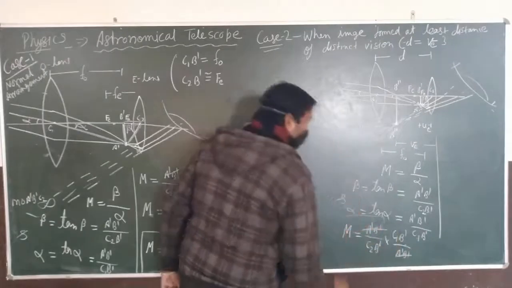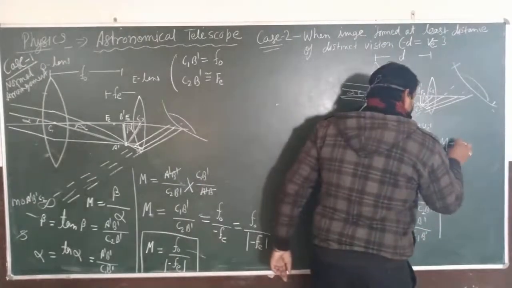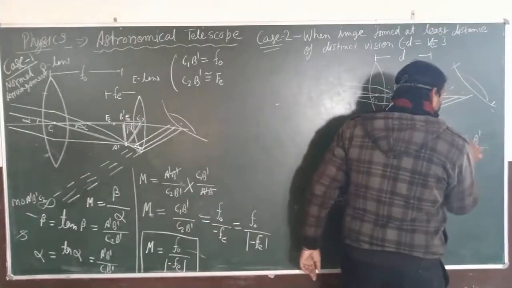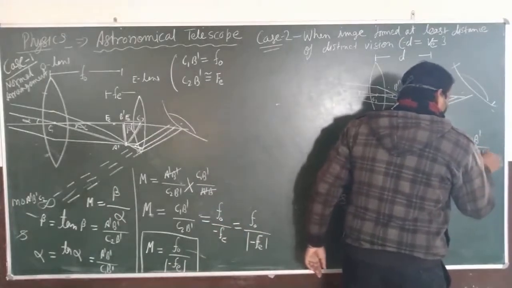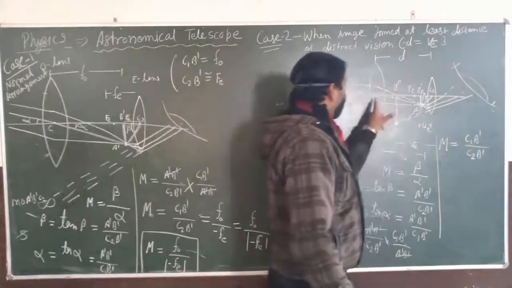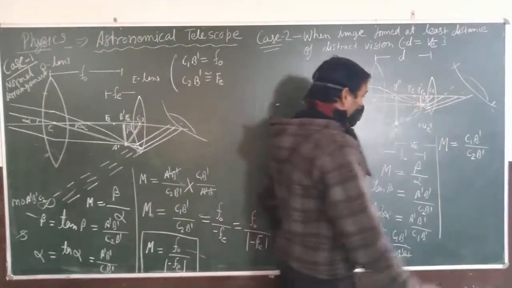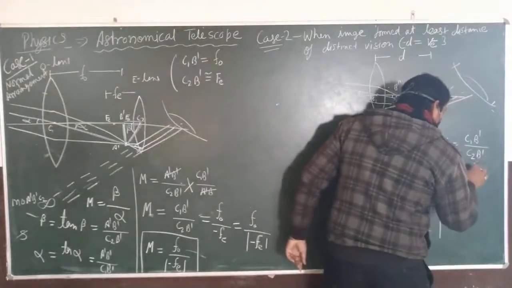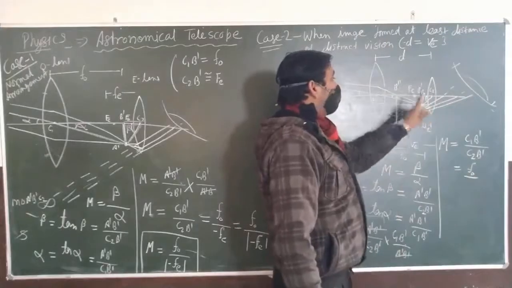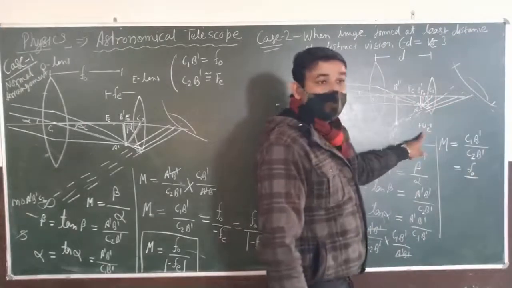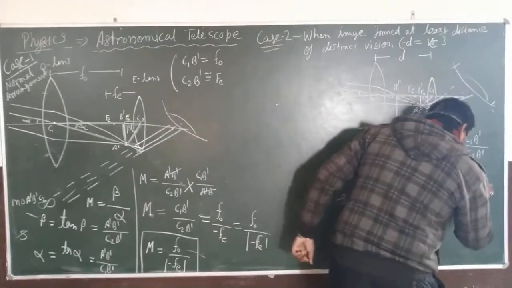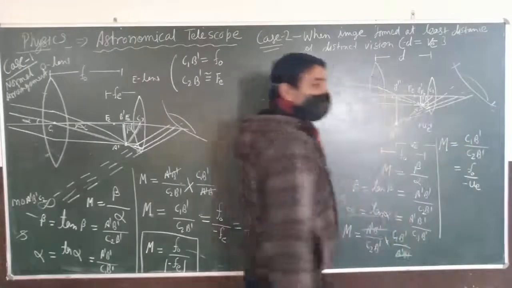Now this is cancelled and we get the magnification equal to C1 B dash upon C2 B dash. Now C1 B dash is equal to FO, and how much is the value of C2 B dash? The answer is UB, and it is in front of this, the value of U.